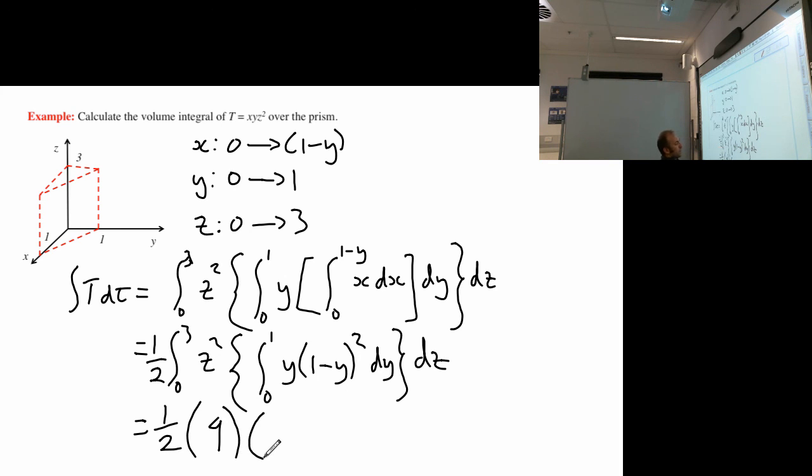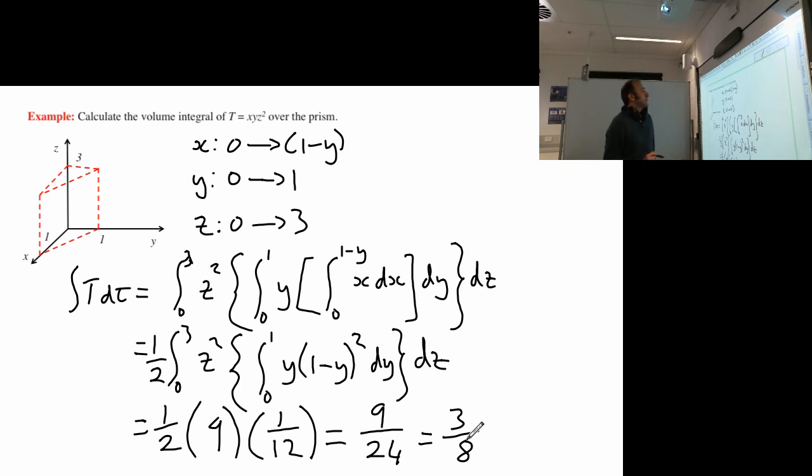And the integral for y, when we work it out, is going to result in 1 over 12. And so our answer comes down to 9 over 24, which is 3 over 8. Okay, so that completes the line, surface, and volume integrals.